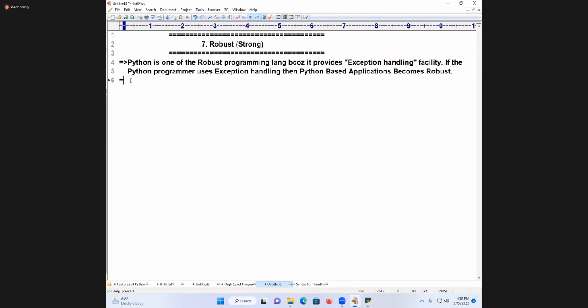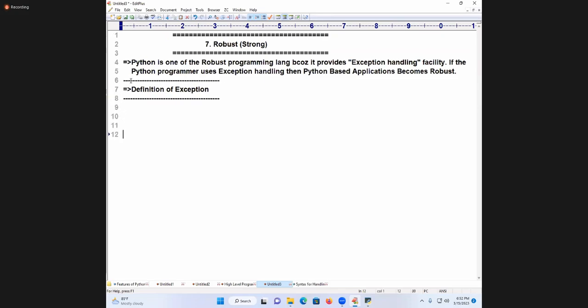Now here, I want to write one small point: the definition of exception handling. Because at present, I want to give you the definition of exception.